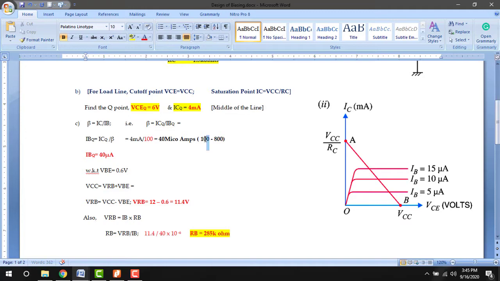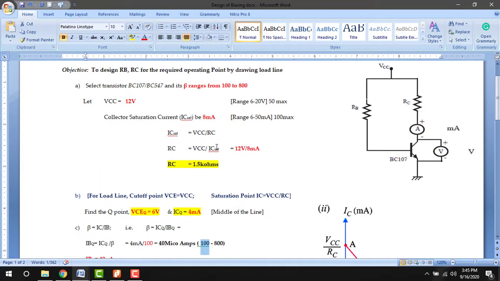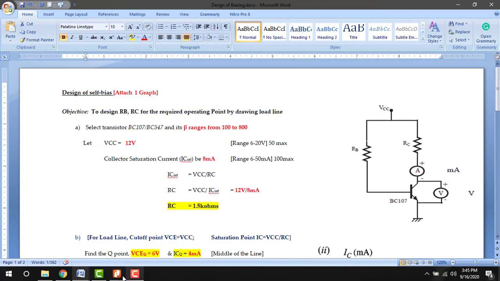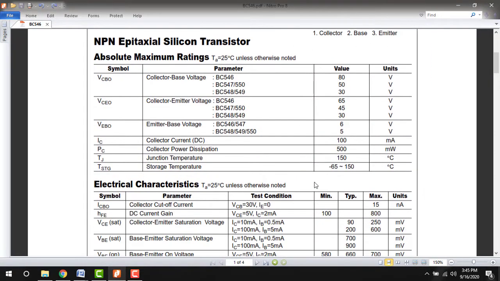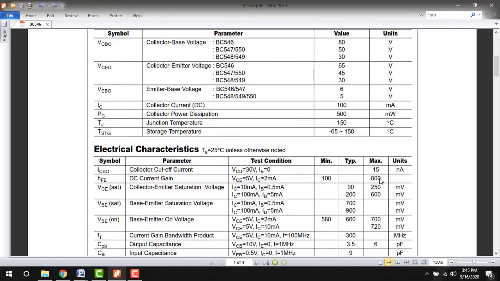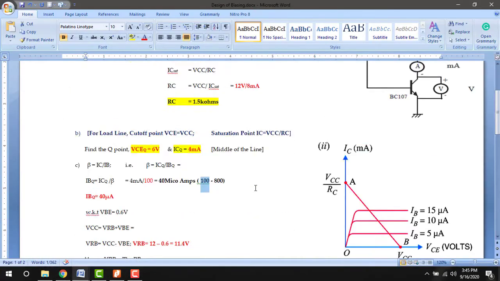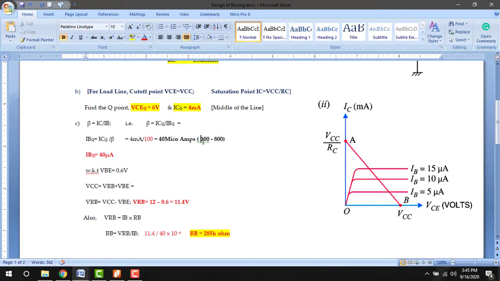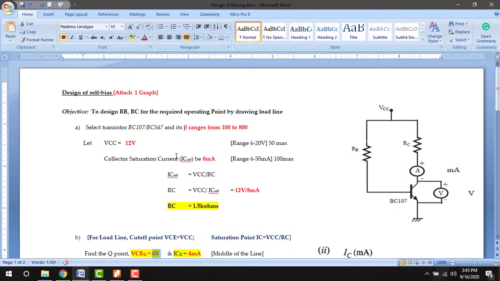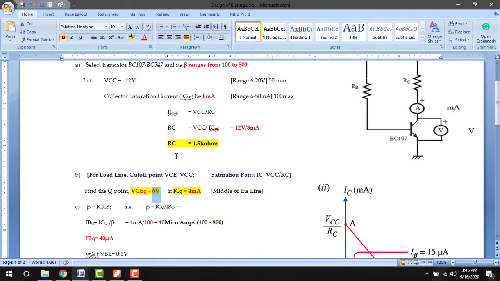We choose the beta value or HFE value as 100 using the transistor manual, where the minimum is 100 and the maximum is 800. So the designed operating point may shift in this fixed bias. But in case of potential divider bias, if you design the value using 100, 200, 300, or any value, the operating point will not be shifted.